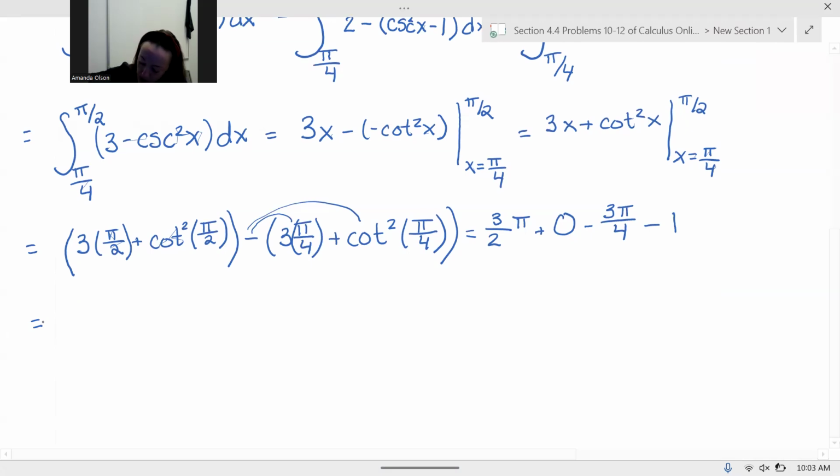Going to combine 3/2 and 3/4. So 3/2 minus 3/4 is going to be 3/4 pi. Think of pi like a variable. When you combine the like terms, it's like 1.5 minus 3/4, and that's going to be 3/4. And then we have that minus 1.